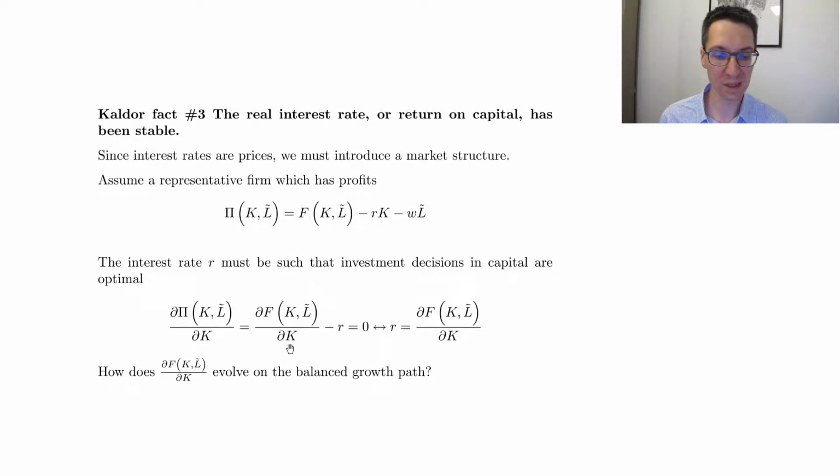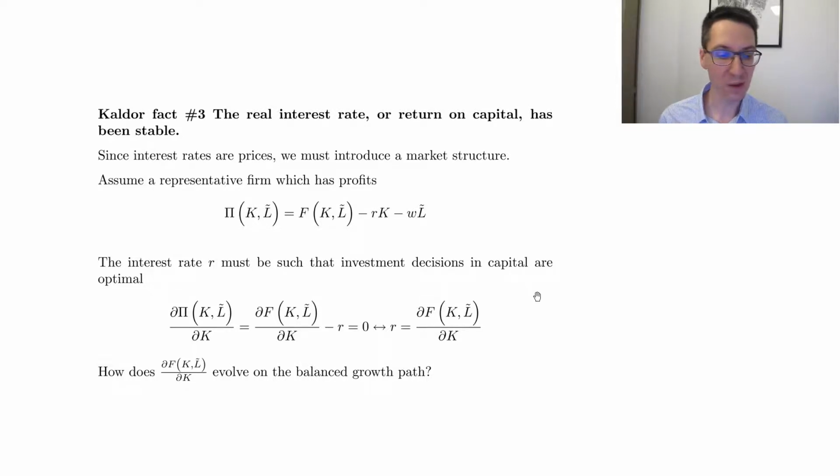So df/dk is the marginal product of capital, and R is the marginal cost of one unit of capital. So we confirm what I was saying earlier, that the interest rate is actually the marginal productivity of capital in real terms, since it's the real interest rate.